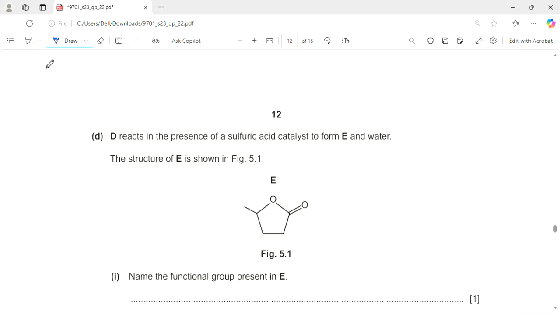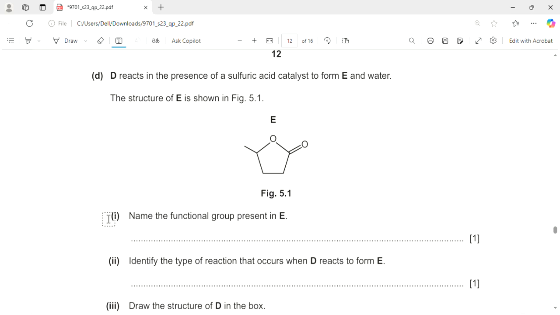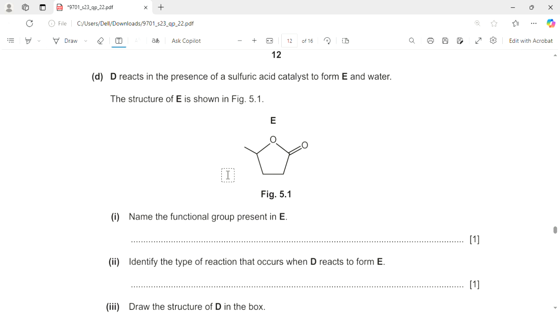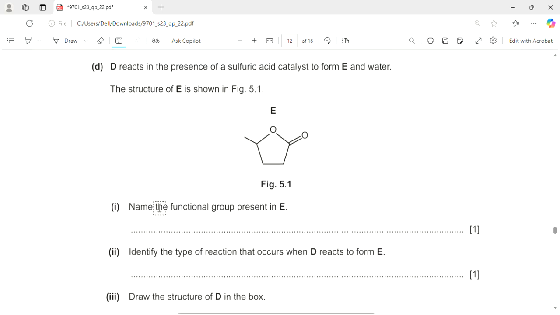Now move to part D. Another compound D reacts in the presence of a sulfuric acid catalyst to form E and water. The structure of E is shown. Name the functional group present in E. This is the group where a carbon has a double bond to oxygen and a single bond to oxygen.